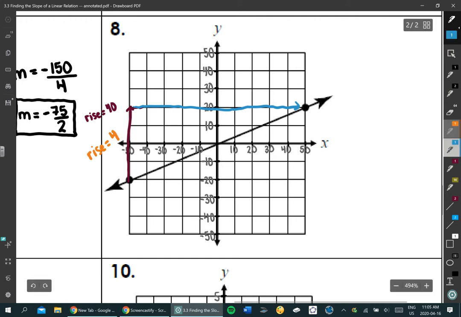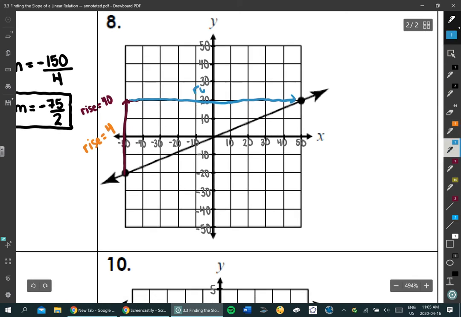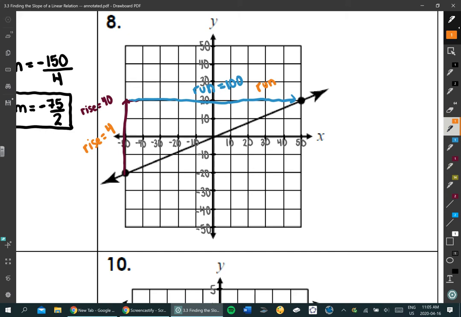Now, my run goes from -50 all the way to +50, so technically my run is 100. But let's see if counting squares will work. So that's 1, 2, 3, 4, 5. 1, 2, 3, 4, 5. So that's 10 squares.